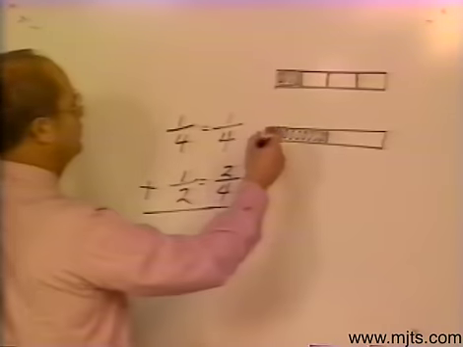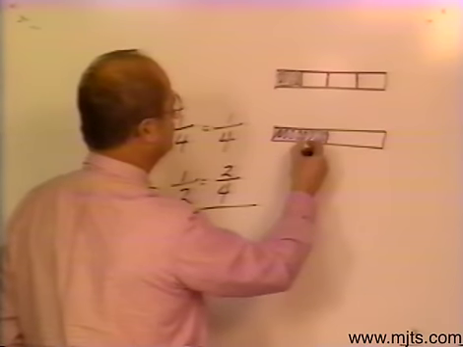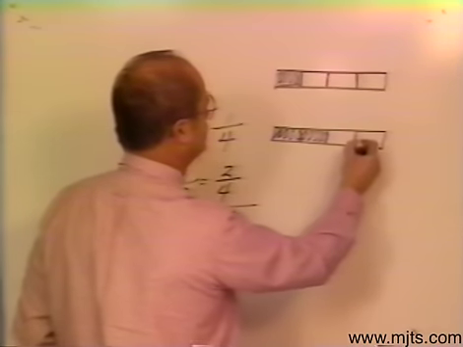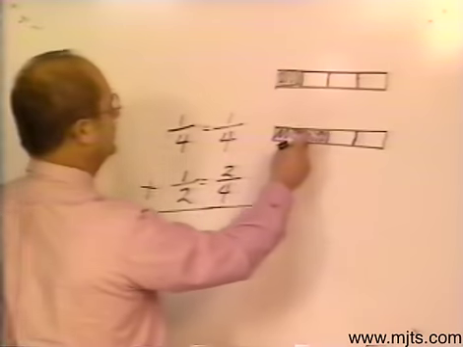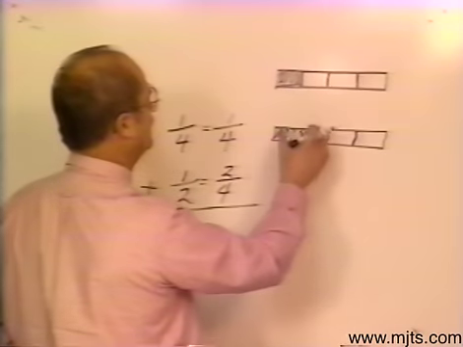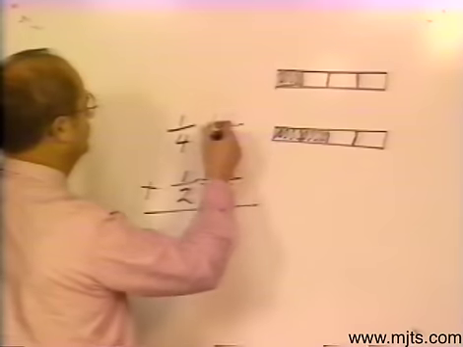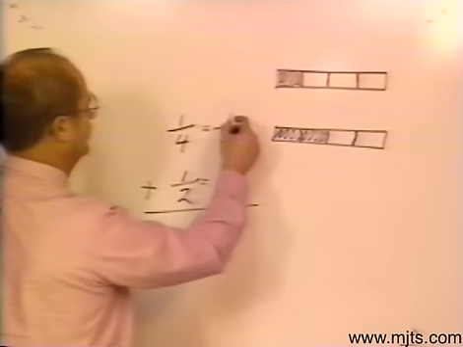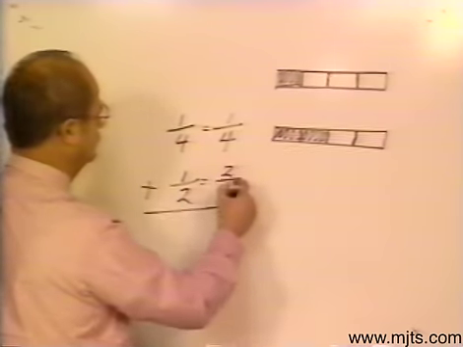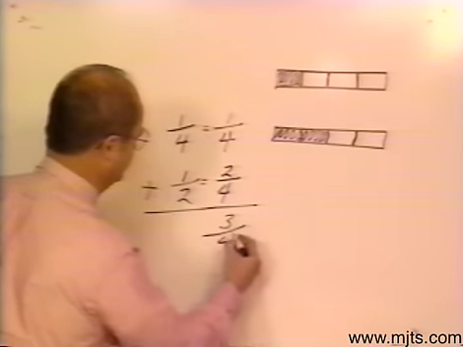Now, what I'm doing actually over here, you see, I'm changing this 1/2, my whole, into 2/4. Now you see I can add together my equal values that are being considered. Now to do that, what I do is I add together the numerators. I have 1, I have 2, that makes 3, and then bring down my 4ths.